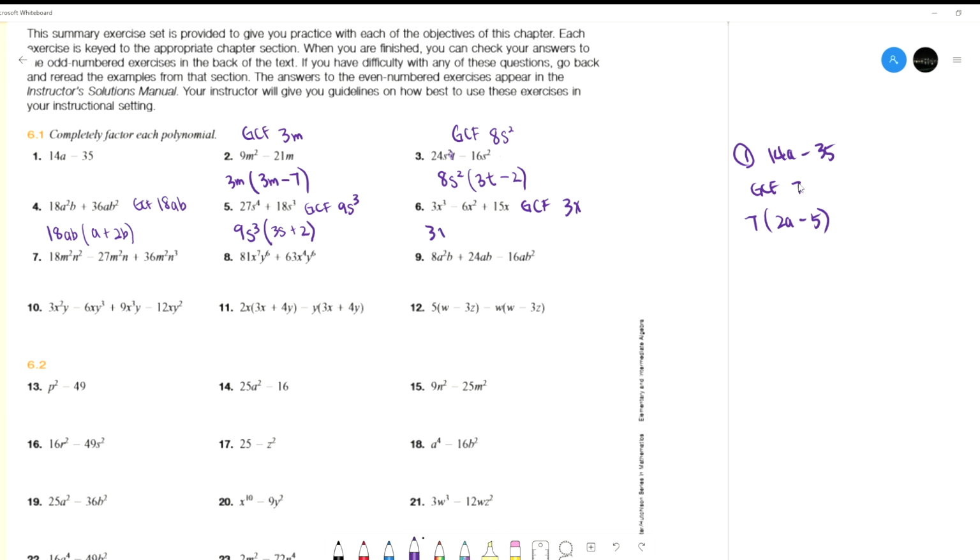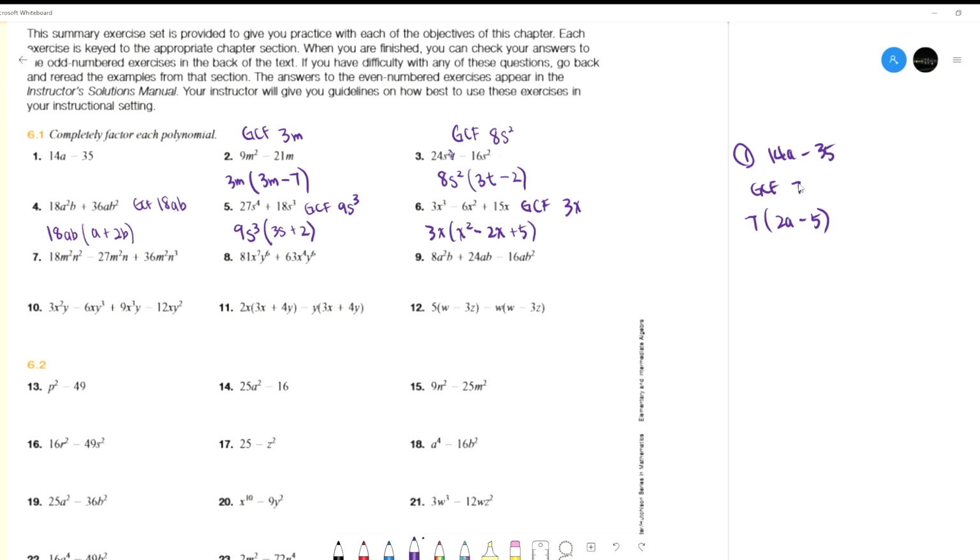We factor that out, 3x. In the first term here, we have x squared. In the second term, it's a negative, so it's minus 2x. And in the third term, we have plus 5. Okay? So hopefully the first 6 were pretty easy. Getting a little more difficult now.